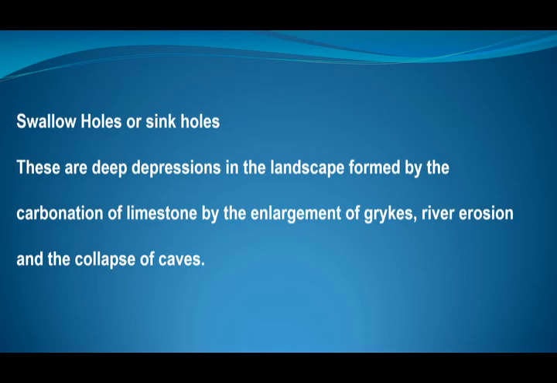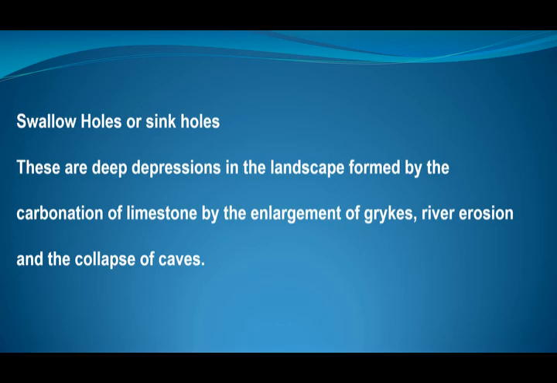Now, as it continues to erode the rock by solution, it will get wider and deeper, eventually creating a swallow hole, and the river will eventually go down into the swallow hole and stop flowing further downstream and instead flow underground.